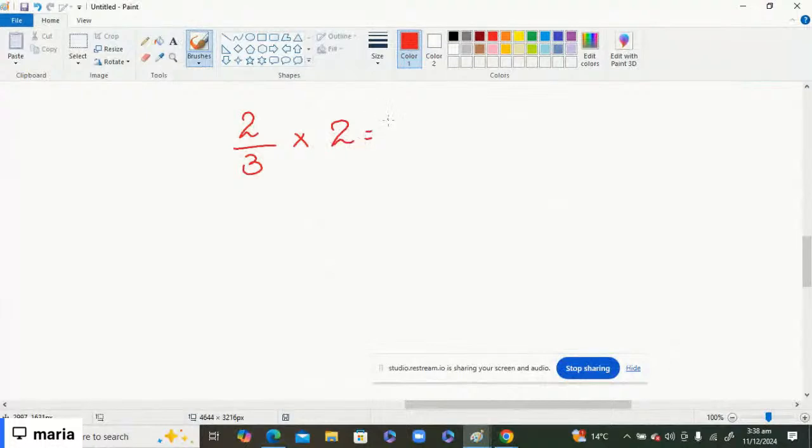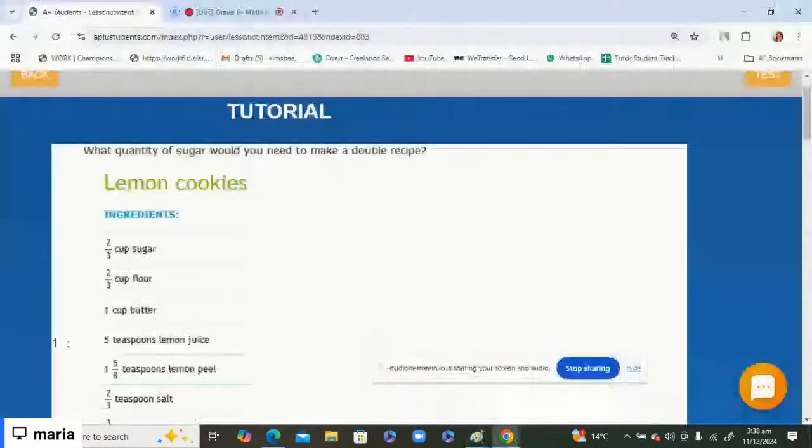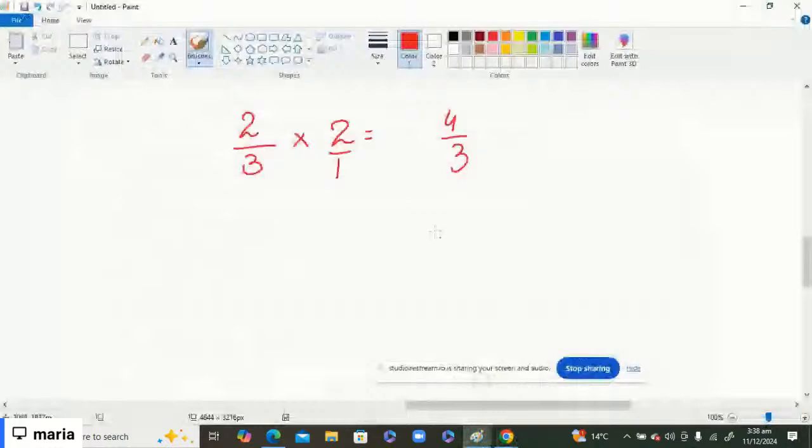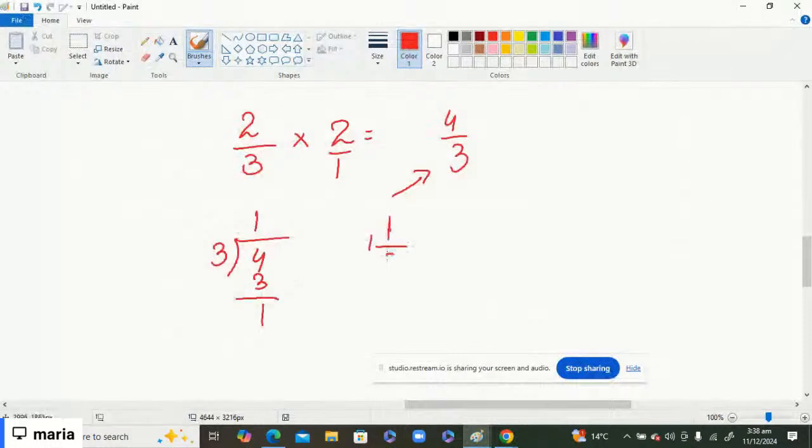Multiplying the top numbers, 2 times 2 is 4, so 4 by 3. This is the doubled recipe. If you want to convert it into a mixed number, 4 divided by 3: 3 times 1 is 3, and 1 is left. So the answer is 1 and 1/3.